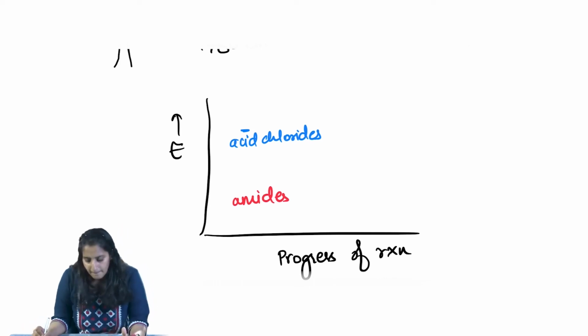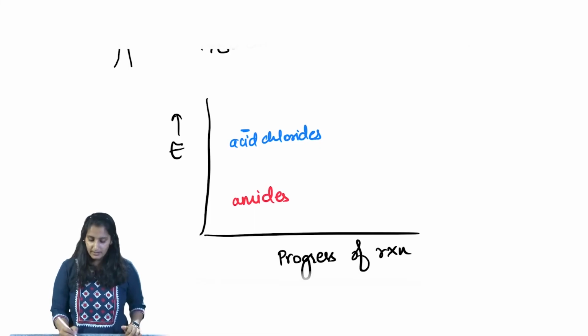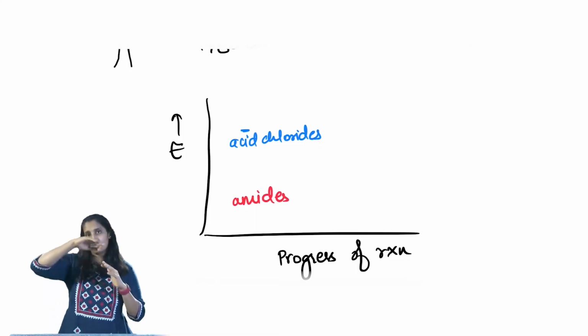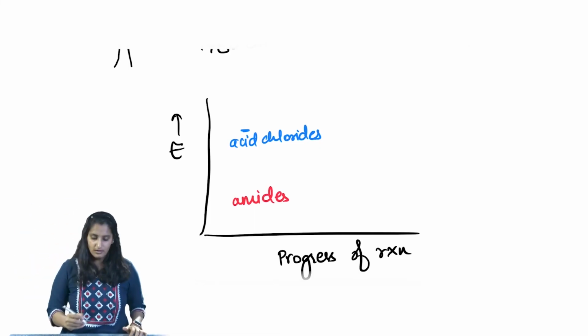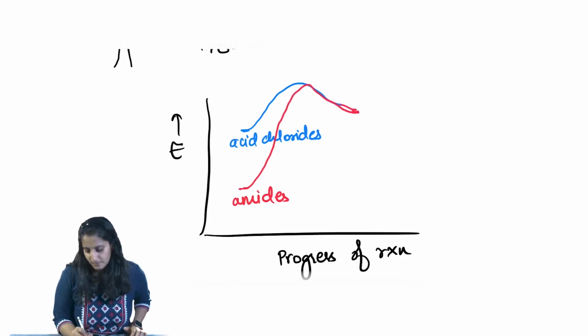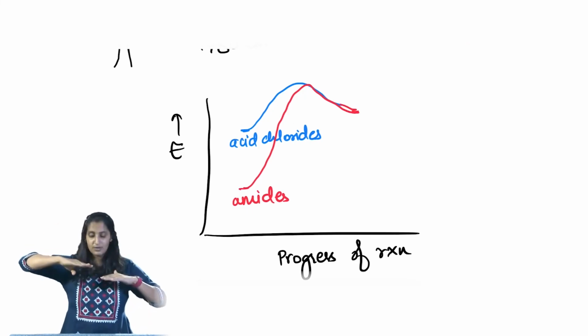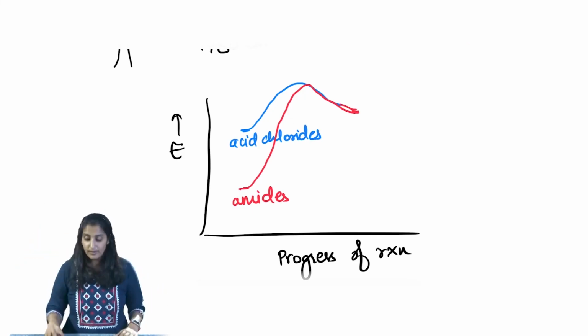Acid chlorides are already starting at a very high point, and both of these have to climb the same peak to get to the tetrahedral intermediate, but for both of them the route is quite different, right, because acid chlorides have an easier way out.